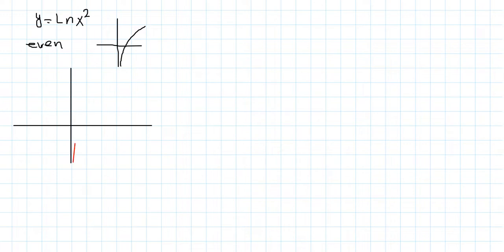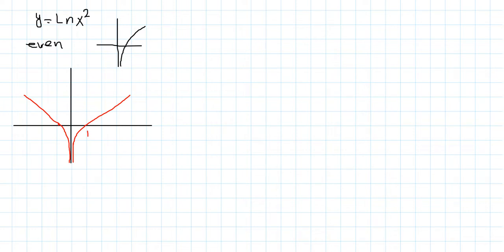If it is ln x, it's better to pass from 1. Now I can reflect it on the y-axis and it passes from 1. Here is 1. So this is the graph of y equal ln x squared.